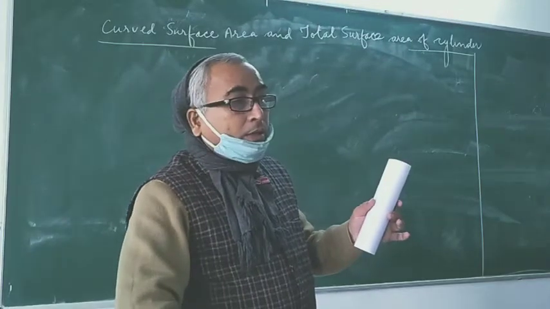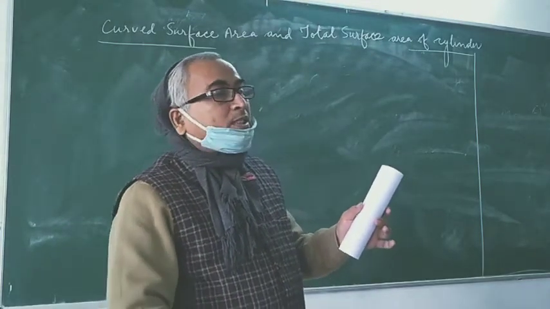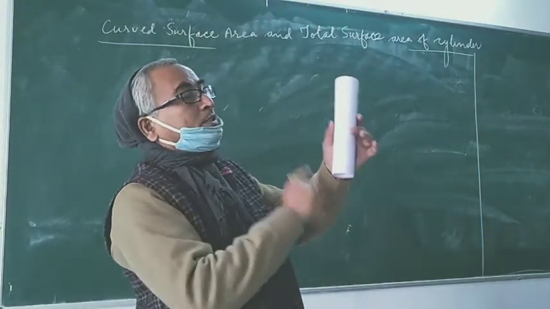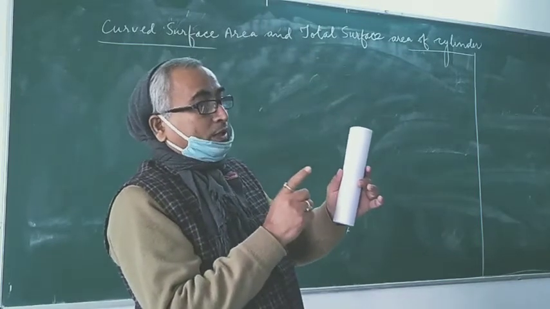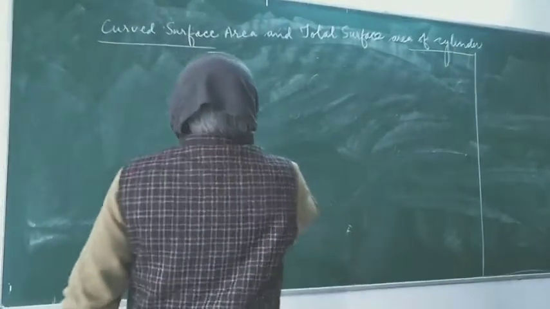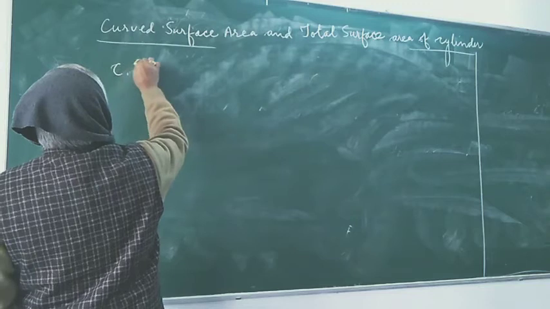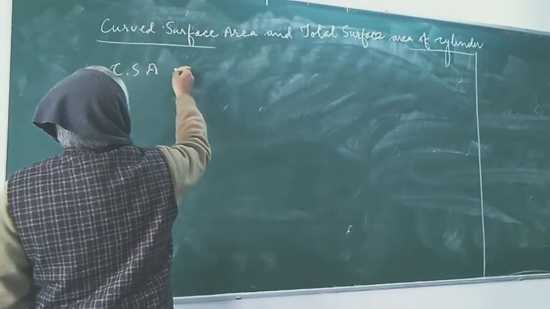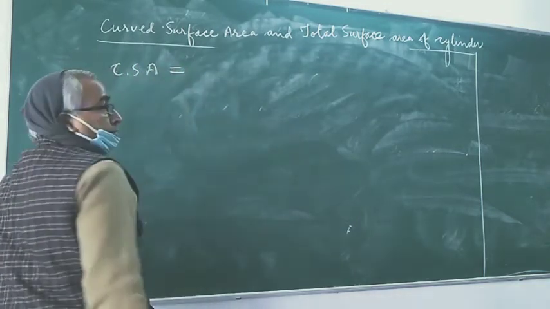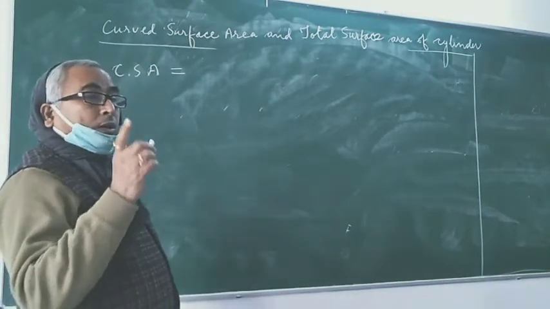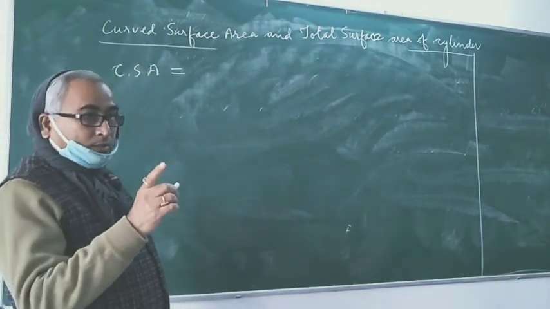So this is the curved surface area of which one? Of the cylinder. Curved surface area means CSA, equal to 2 pi r h. Area of what? Rectangular sheet.